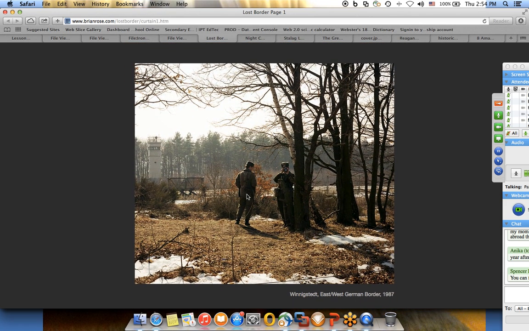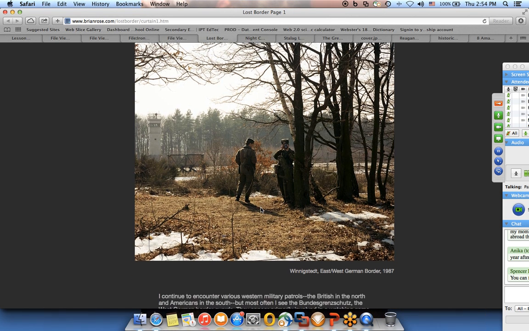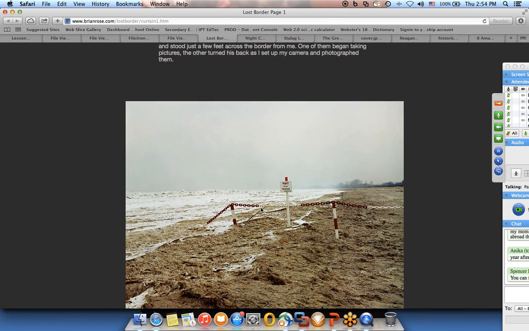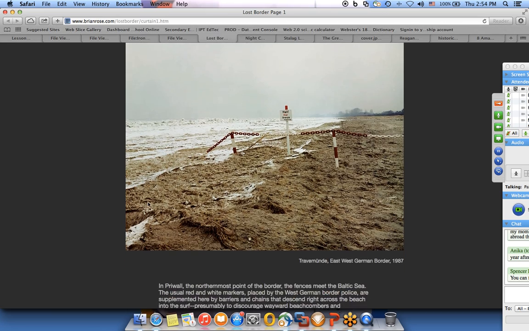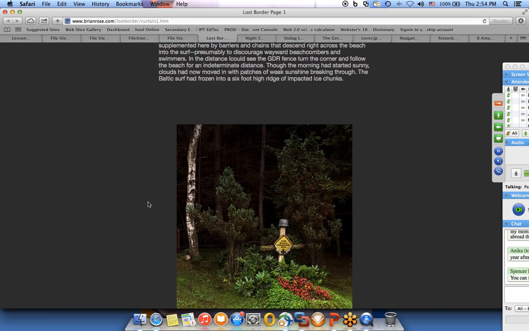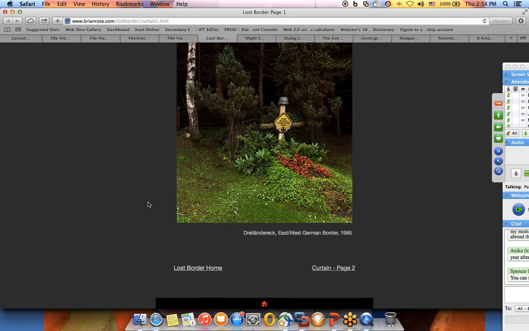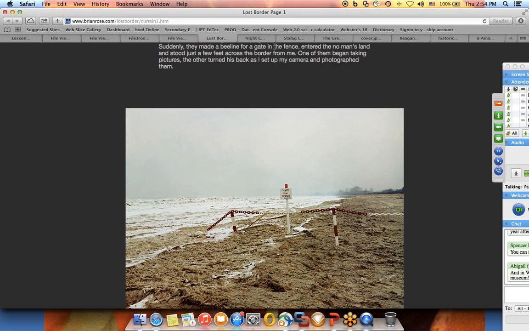These are two soldiers from the east side of Berlin that basically crossed, and they were taking pictures of the guy taking pictures from the tower. The fence and the limits went all the way to the beach, into the Baltic Sea. So very, very interesting.